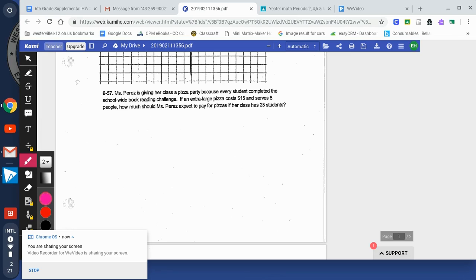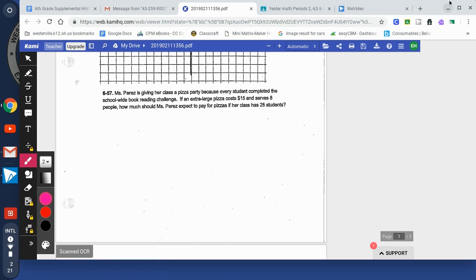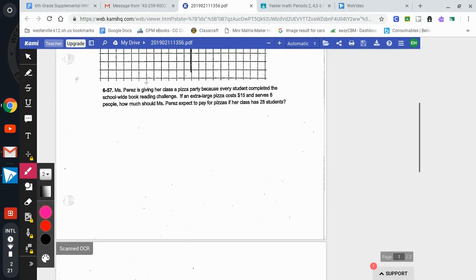Next question, Ms. Perez is giving her class a pizza party because each student completed the school-wide book reading challenge. If an extra large pizza costs $15 and serves 8 people, how much should Mrs. Perez expect to pay for pizzas for her class of 28 students? They give you 2 very important things to look into there. She told you that her class has 28 students and that one pizza costs $15 and only serves 8 people.